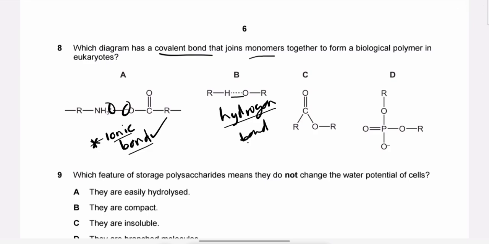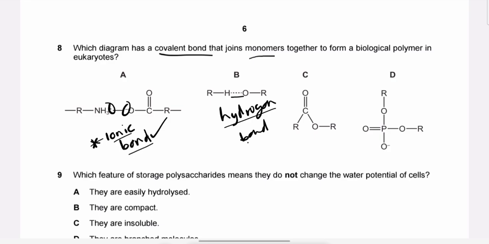And that allows us to go to C. And looking at C, we can see that we have an ester bond that is shown. And out of all the biological molecules that we cover in the syllabus, we do not find ester bonds holding monomers, but rather we find them in the cell surface membrane where they hold phospholipids, and those are not technically regarded as monomers.